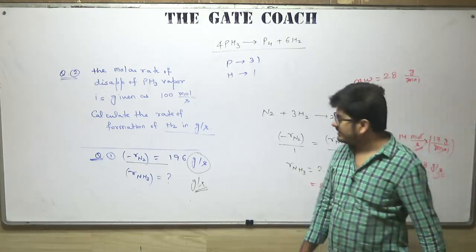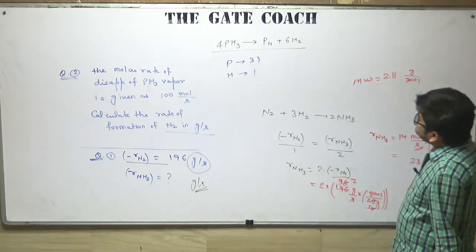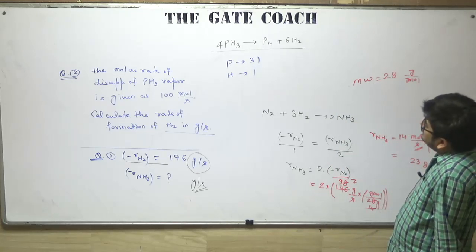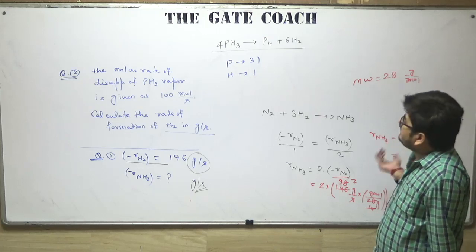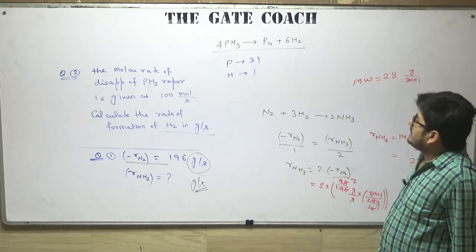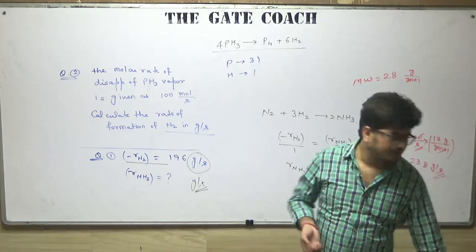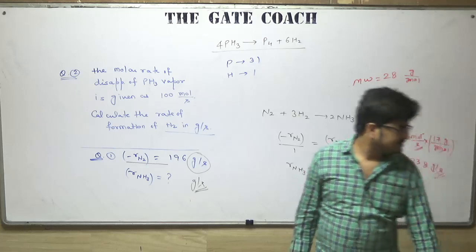Okay, let's see. 150 mole per second, 2 gram by gram mole, 300. Okay, that's correct.